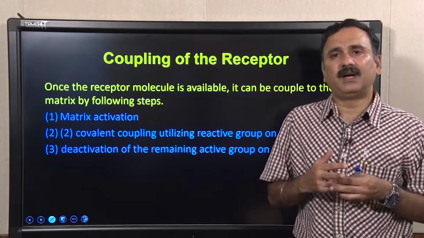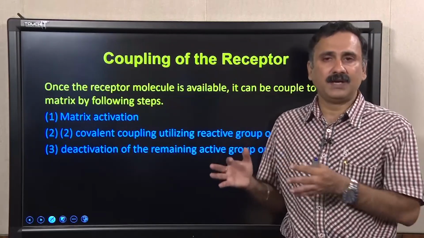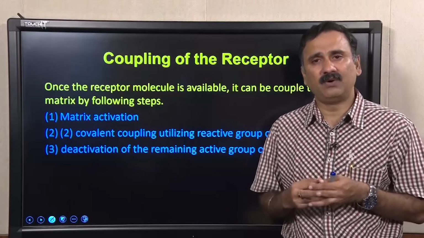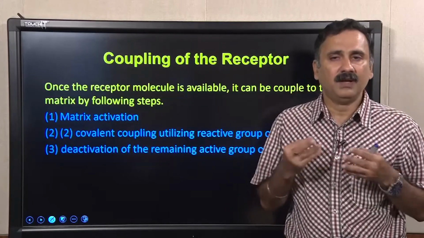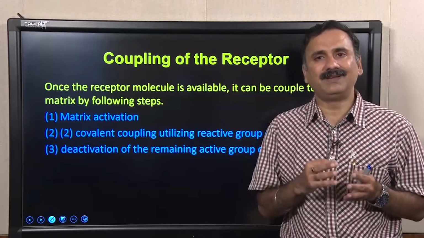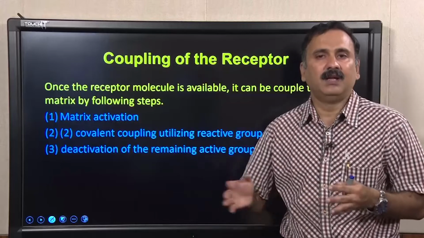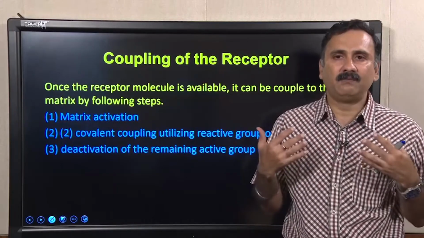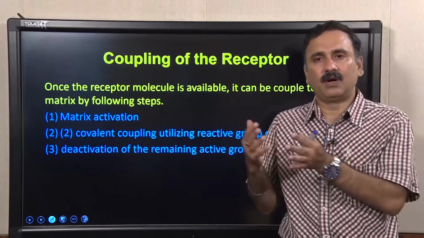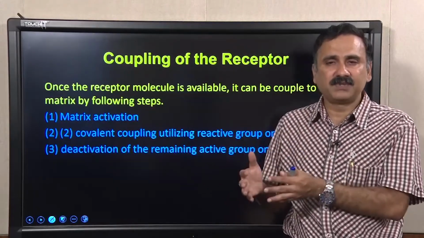For this purpose, I went to the Central Drug Research Institute, and I took the help of the institute because we do not have an animal house. I went there while they were doing this immunization and the antibody production steps.